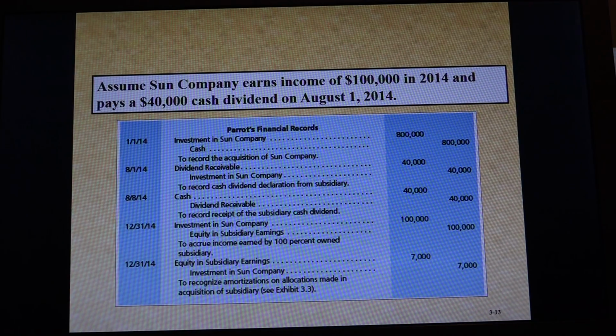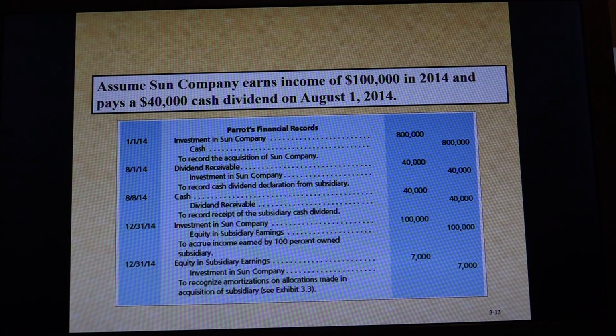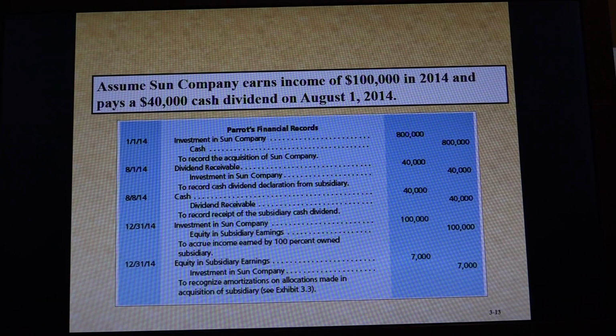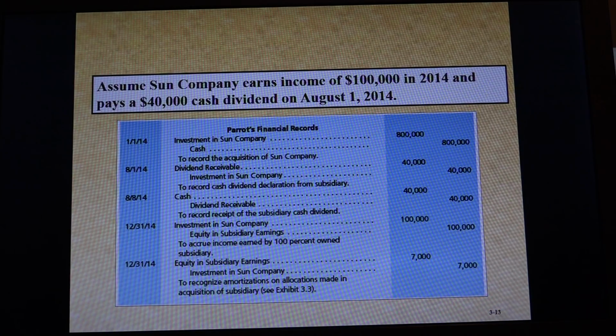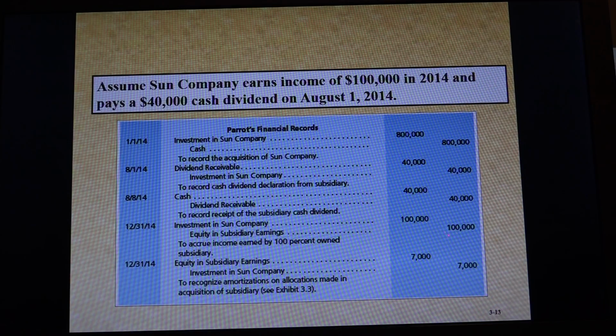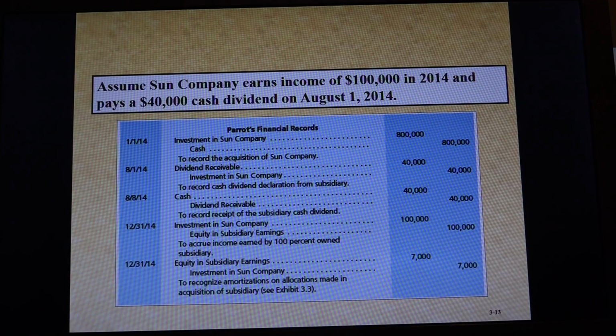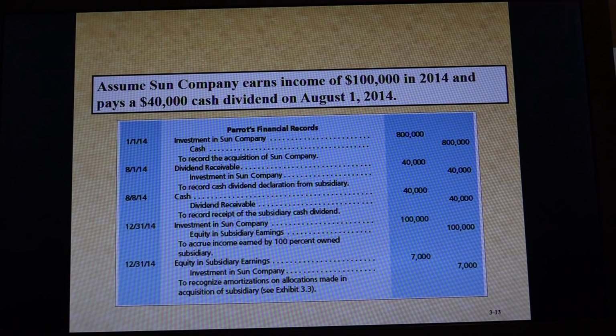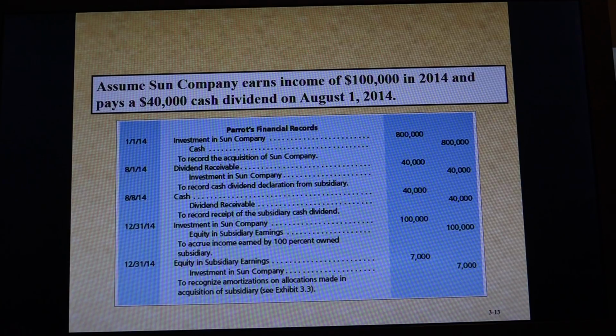All right, so you come up to the end of the year, 12/31/14, and parent company recognizes, it increases its investment in Sun Company and a corresponding increase in the equity in subsidiary earnings account because of the $100,000 that Sun Company earned during the year of 2014.